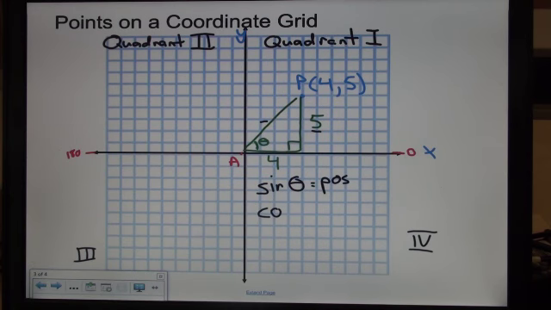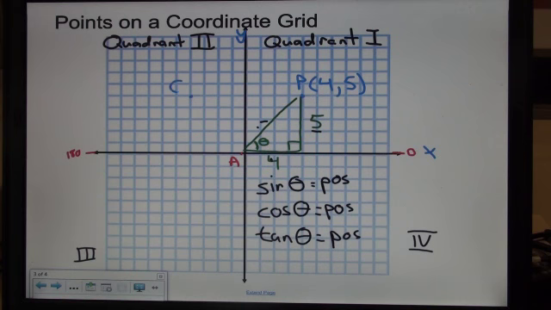The cosine of theta, again, using adjacent and the hypotenuse, would also be positive, and the tangent would be positive by the same reason. It would be positive numbers.